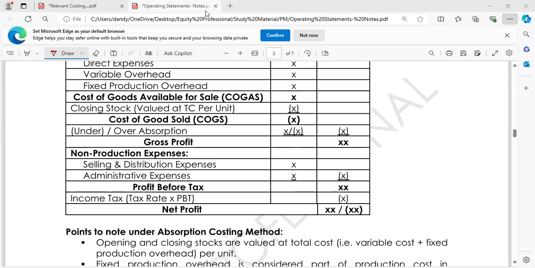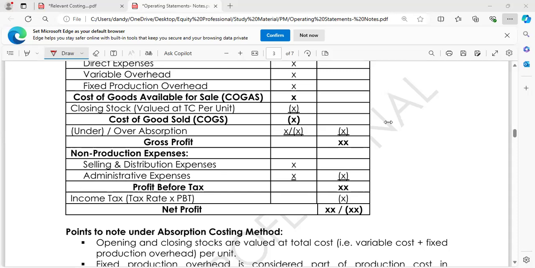In addition to that, we also mentioned the fact that the result produced using marginal costing approach and the one produced using absorption costing approach will generally result in conflicting performance.